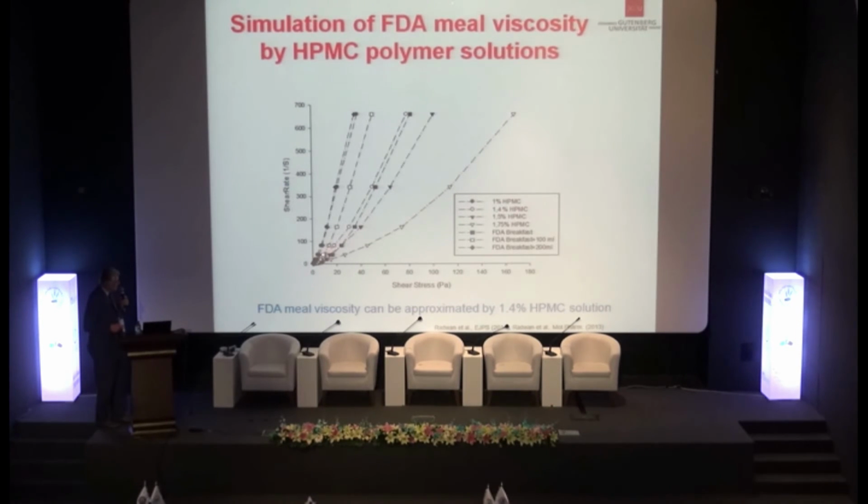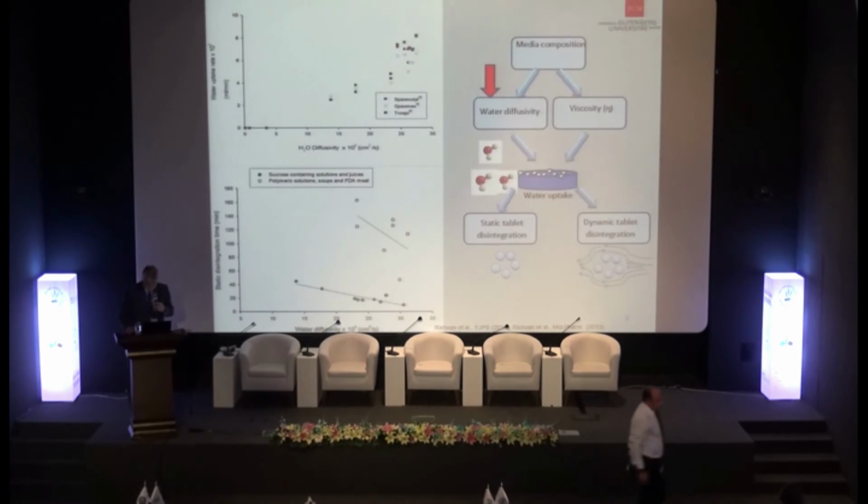We have some deviation down here, but up here it's more or less okay. So we replaced the homogenized FDA meal by a 1.4% HPMC solution. If you want the specifications, they are in the references. If you read the slides, you can get the molecular weight, the substitution degree, and so on. So all the experiments were then done with a 1.4% HPMC solution.